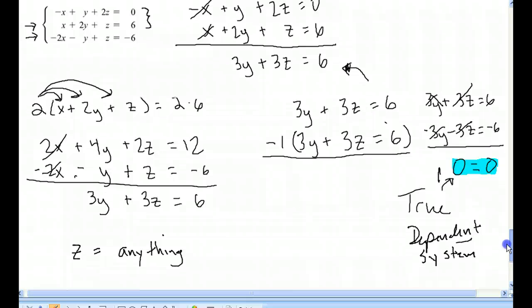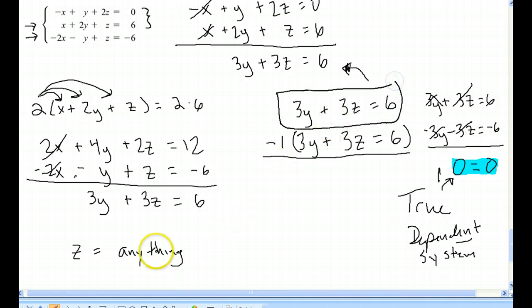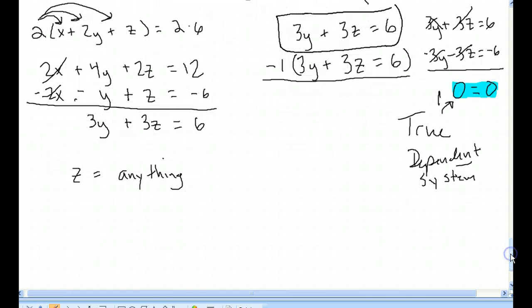Alright, and then what we basically do is just solve the other equations for z. Okay, so this equation here that we had, I'm going to solve that for y in terms of z, and that's going to give me how y is related to z. So I've got 3y plus 3z is equal to 6.